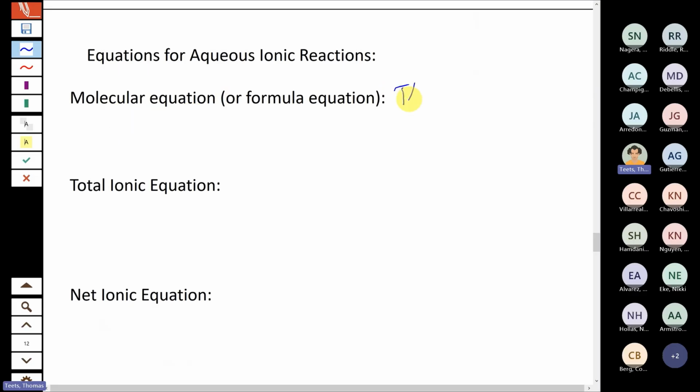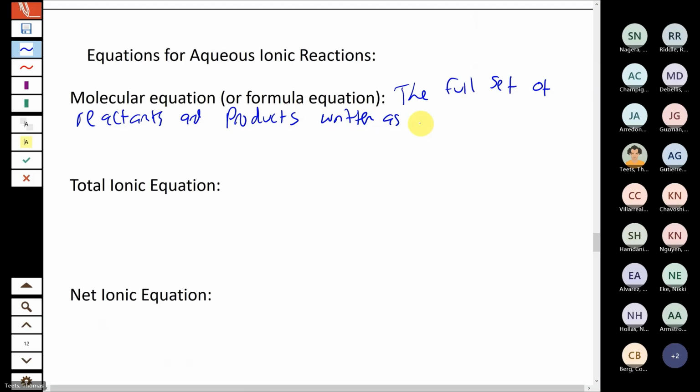This is where you have the full set of reactants and products written as intact ionic compounds. In other words, we don't separate ions at all when we're talking about the formula equation or the molecular equation.